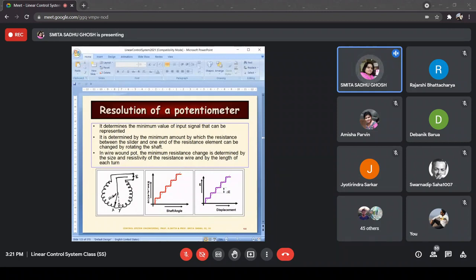It goes from one turn to the next turn, and then till it again goes to the following turn, the value of the resistance remains the same. So that accounts for this constant portion where there is no further change till a particular angular displacement is exceeded, where again there will be a jump.